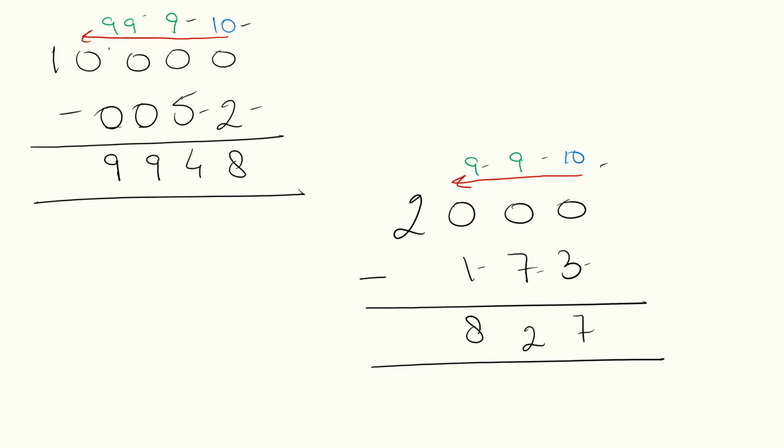Now we know that this is not the complete answer since we also have 2 here. Whenever there is a multiple, we will always subtract 1 from that number. So we will do 2 minus 1, which is 1. Now we get the complete answer, which is 1,827.